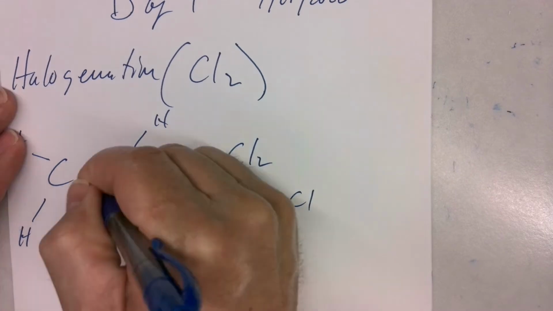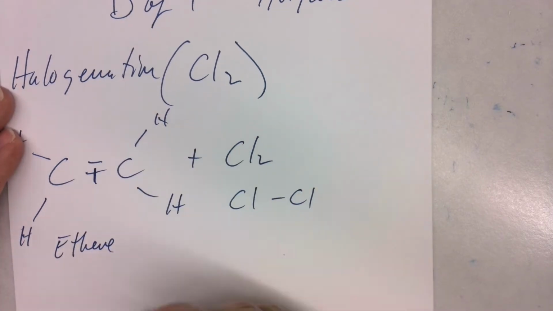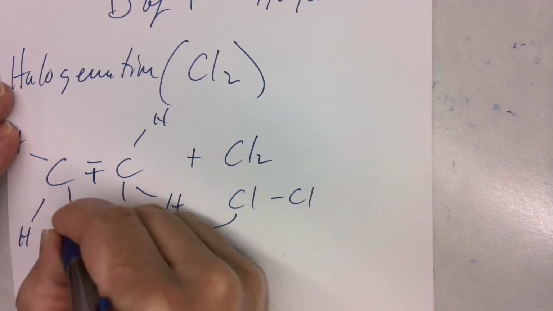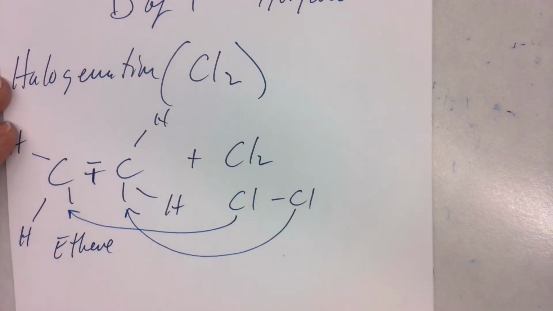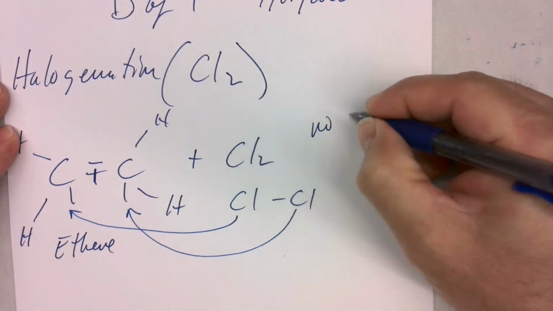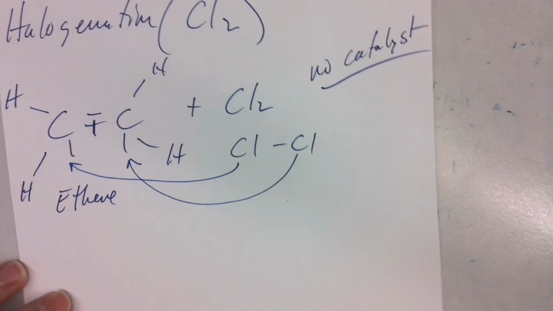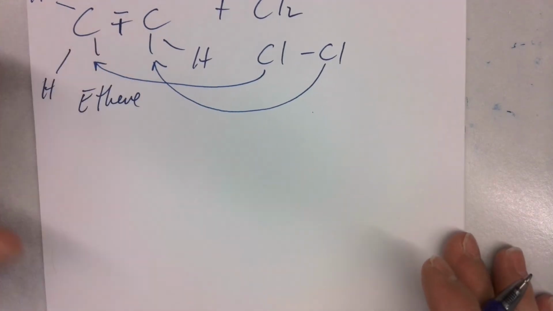This bond is going to break, and they're going to bond here. One of these Cl's is going to go there, the other Cl is going to go right there, okay? And this is no catalyst.